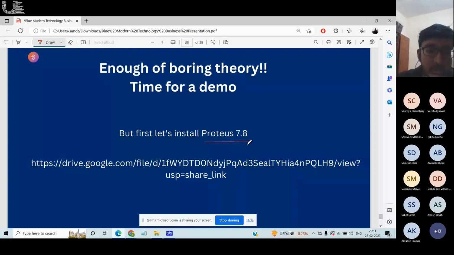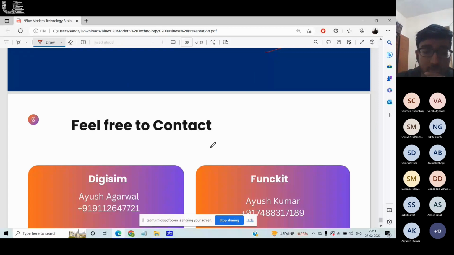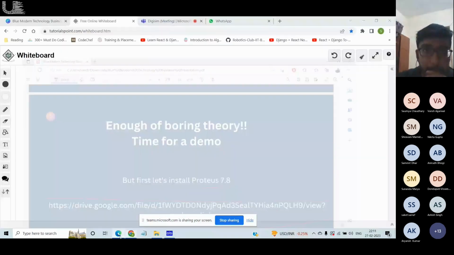You can still use anything else you want, and this is the link. You can just go to this and download it. This link is also on Teams under the Files section under the Digisim team, in a text file. You can download it now also, but I guess we should wait for the demonstration now, right?